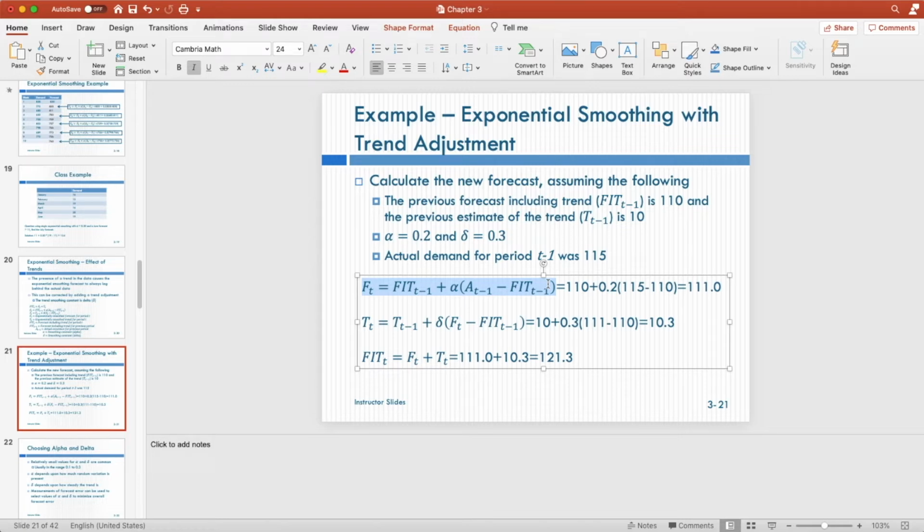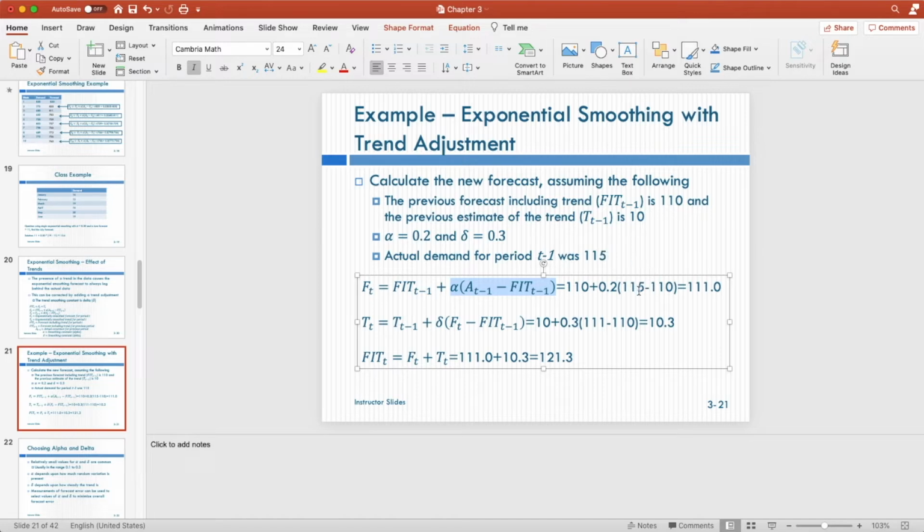So the forecast after integrating trend in period t minus 1, I already told you, is 110, right? And you need to do some adjustment based on that. The adjustment itself is measured by this part. Alpha is 0.2, that's what I gave to you. What is the actual market demand? The actual market demand for period t minus 1 was 115.